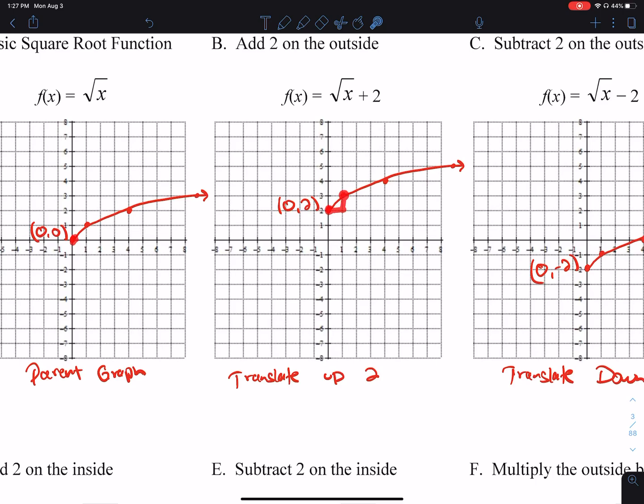Go to the right 1, go up 1, because the square root of 1 is 1. From here, I go to the right 4 and up 2, just like here, because the square root of 4 is 2. The square root of 9 is 3. Once you know where your vertex, your starting point, is, we don't really concern ourselves with the translation. We just go as if this was the origin.